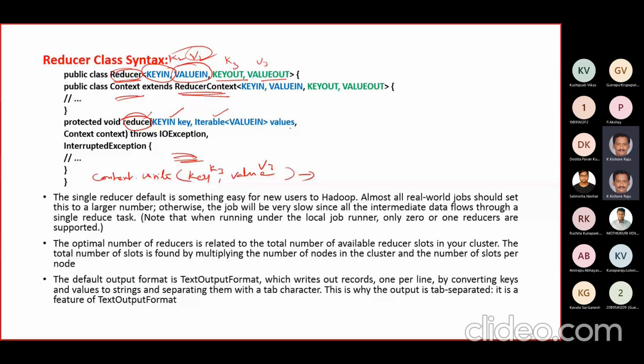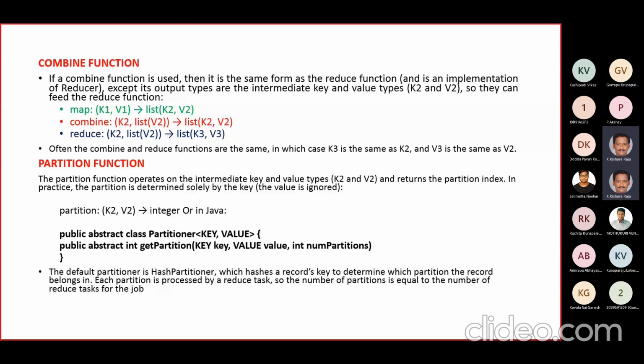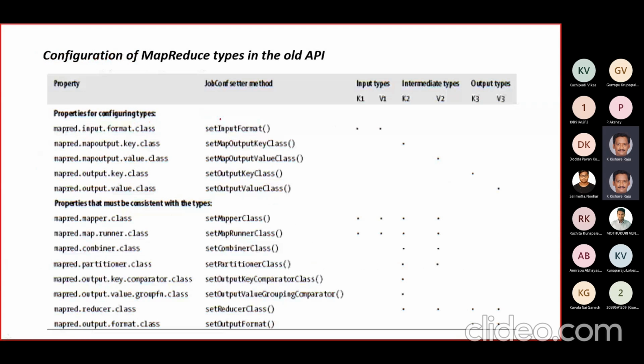But in between the map and reduce, sometimes you have to go for either a combiner or a partitioner. The functionality of the combiner we already discussed. The reducer will finally aggregate, but if you want mapper-level aggregation, then we go for the combiner.